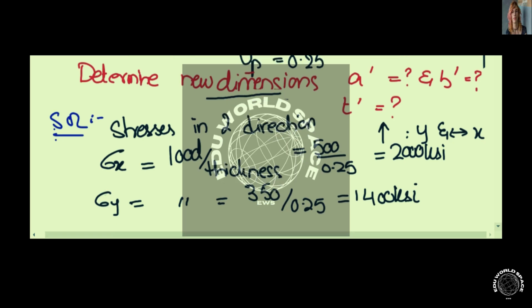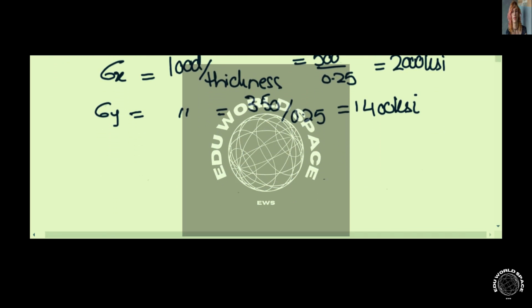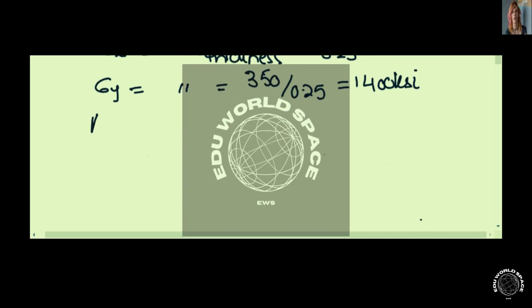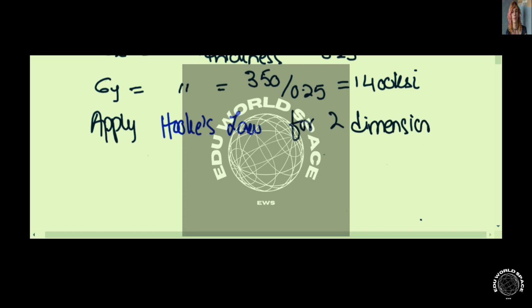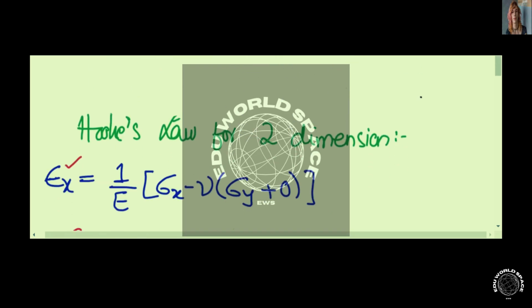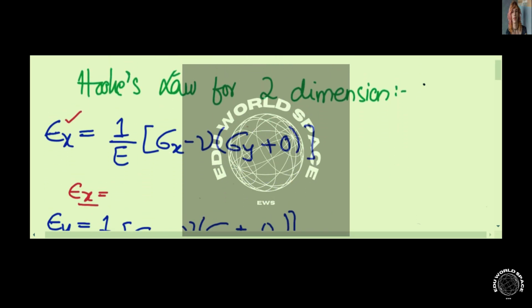Right, now since we have the stresses, what we are required to do is apply Hooke's law for two dimensions. So the Hooke's law for two dimensions, for the x direction, is this.